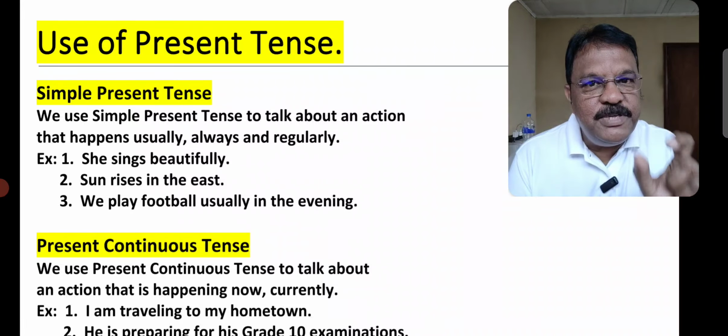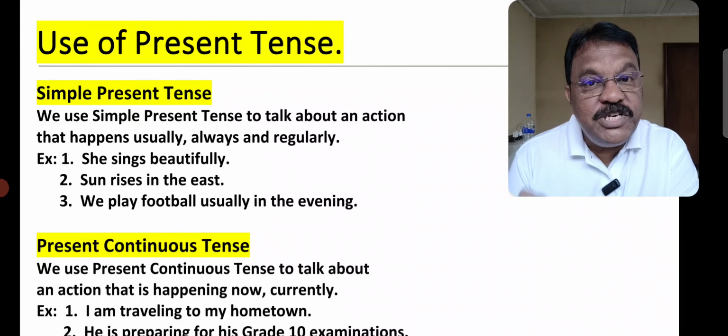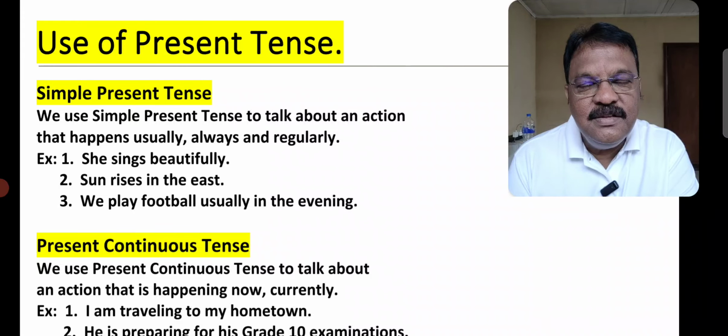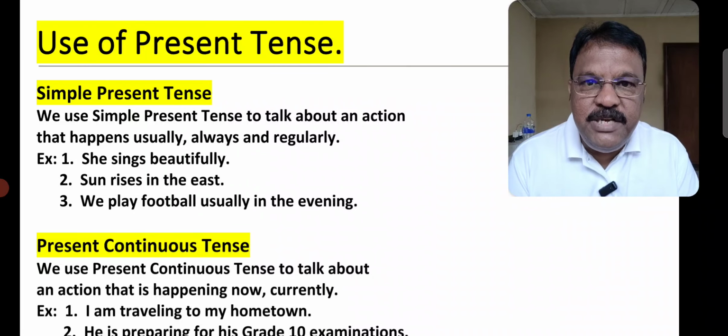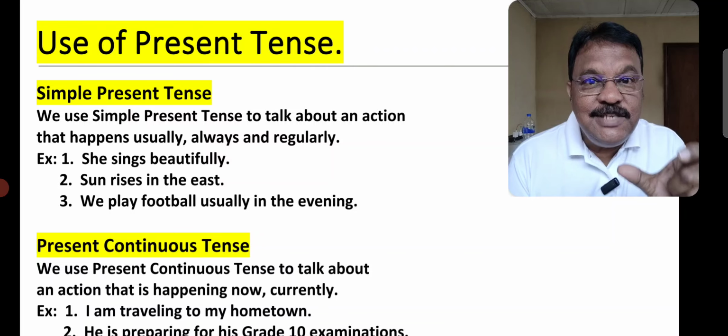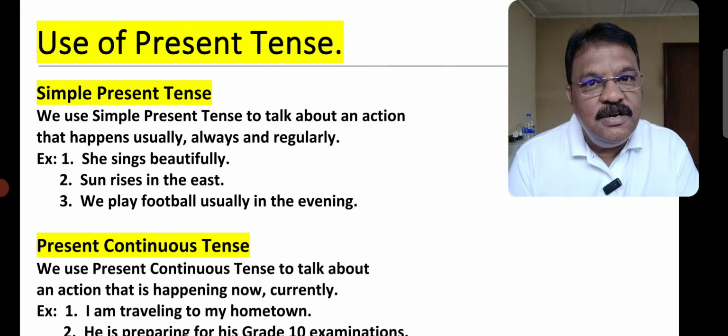So, according to this sentence, the subject she sings beautifully. It means to say this singing work of the subject she does not happen only today, but it happens always, usually, regularly.